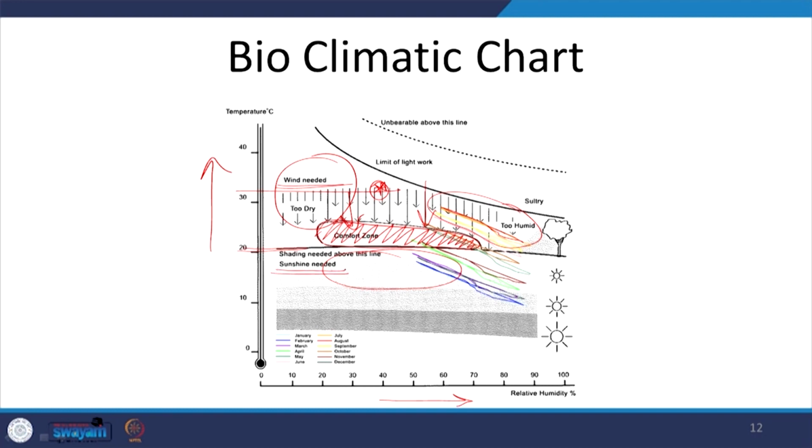So, we need to add radiation. The further low we go, we need more and more radiation. Here we need wind, here we need sun, so the need for sun is increasing as we go here. If we go towards this side where the relative humidity is less, we would slightly need more wind and humidification. This is what comes from the bioclimatic chart.